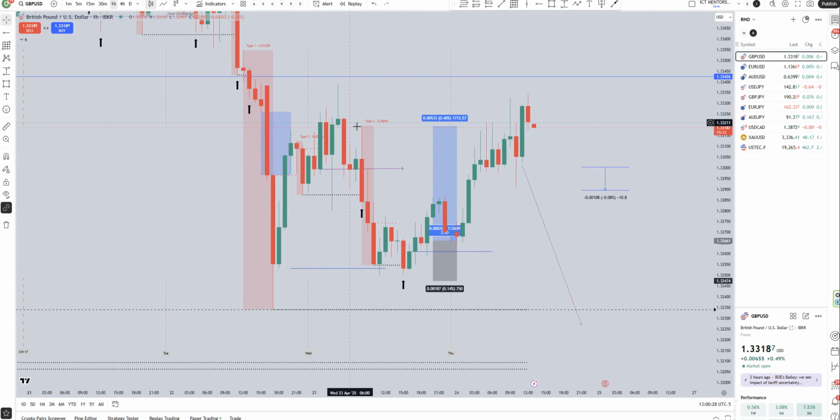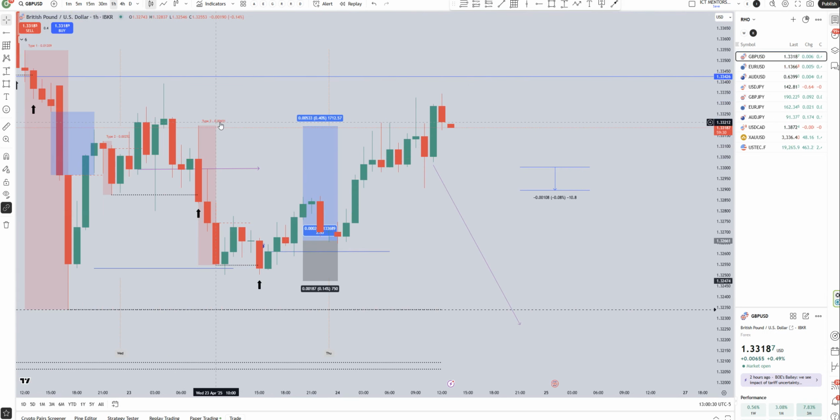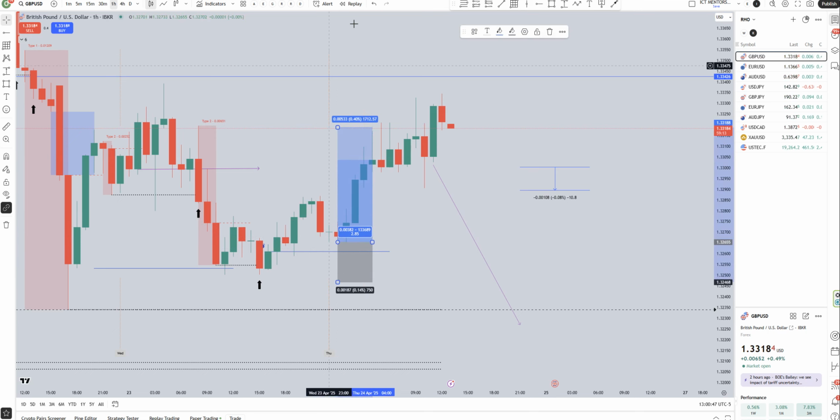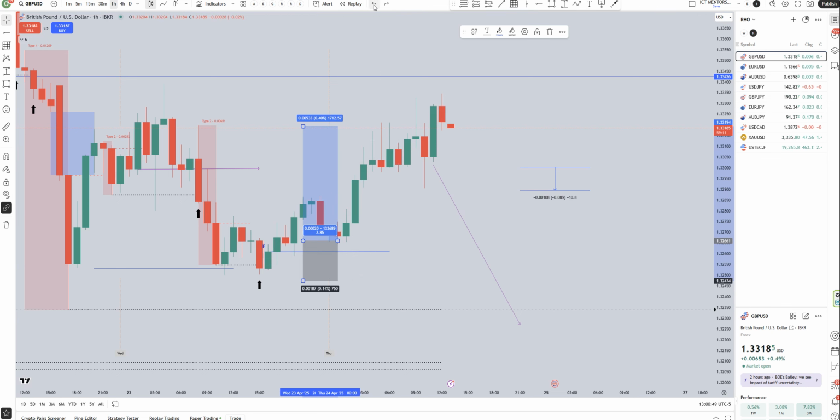So I was looking at this, but see this type 2, this is a 65 pips OB. This confirms it, comes back. So this is a type 2 that I didn't just buy, I waited for this. And I know why I didn't trust it again, why I closed it: because I was thinking bullish dollar, so I didn't want to be in the trade, and I closed it somewhere here.